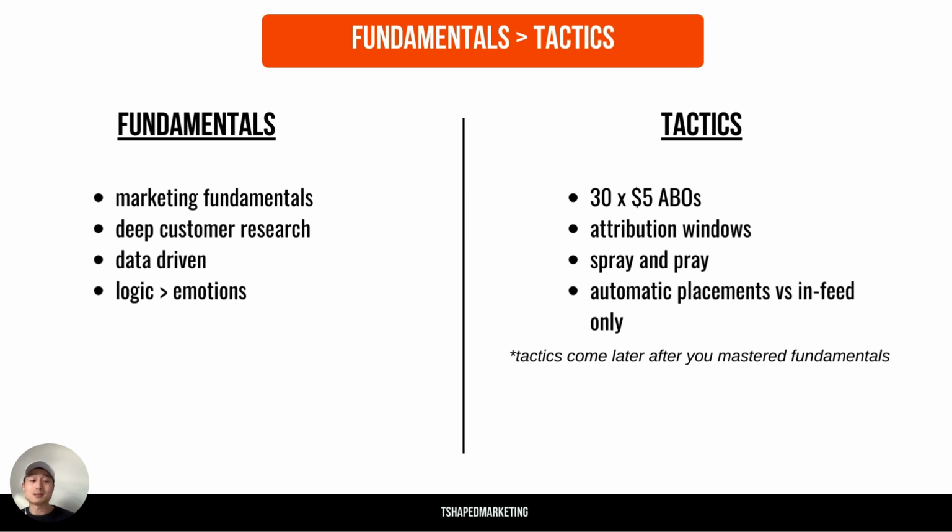Yes, there are some cases where you play around with the attribution windows, or once you have a good data set and know that instead of automatic placements, it's best to go, let's say, in-feed rather than story-based format creative. You can play around with that later.